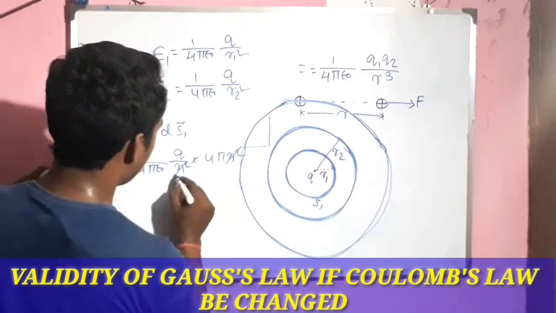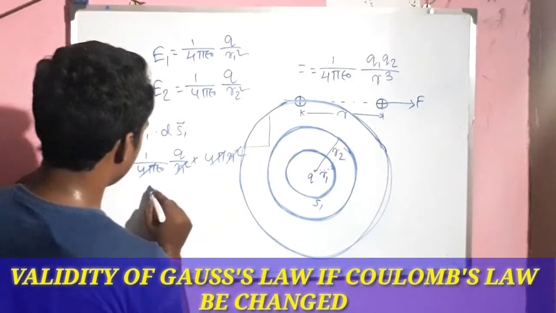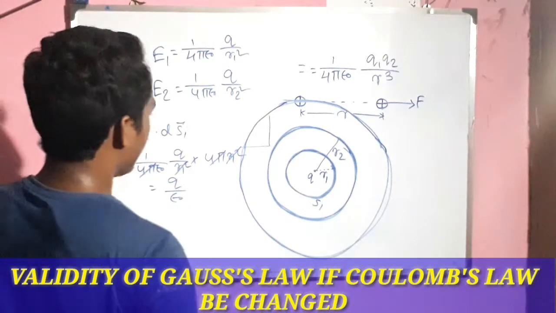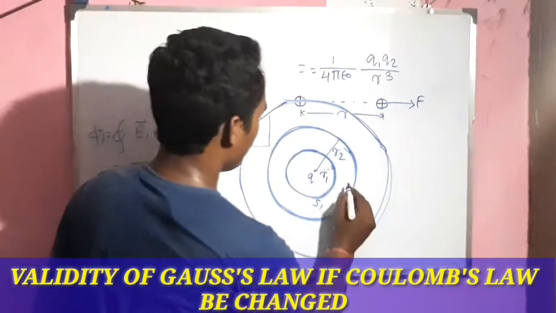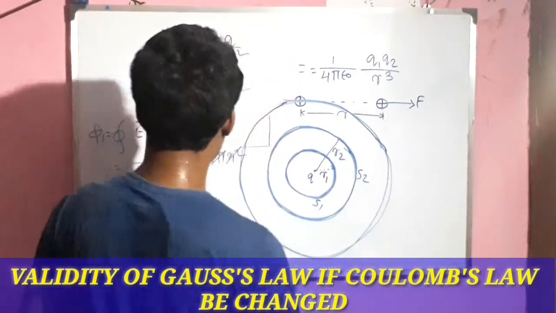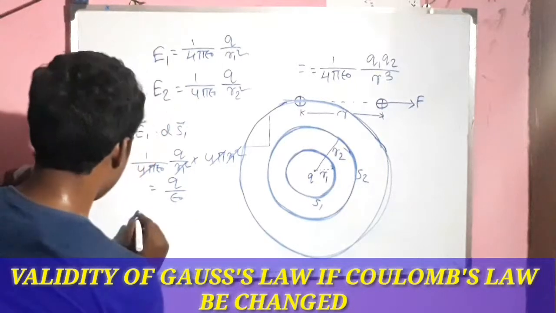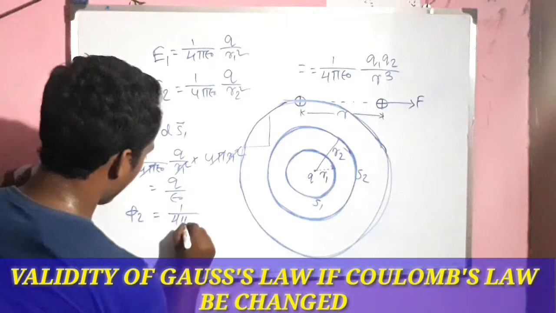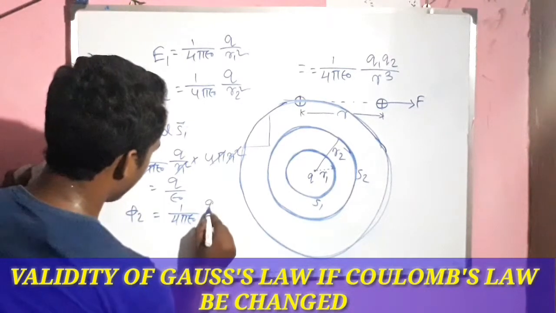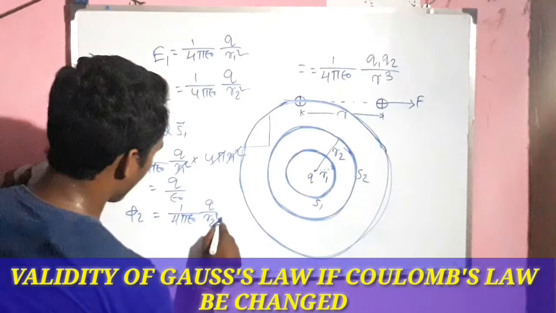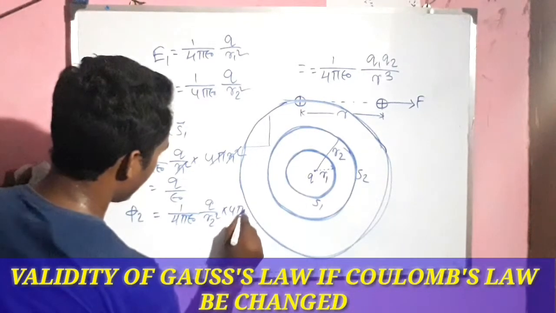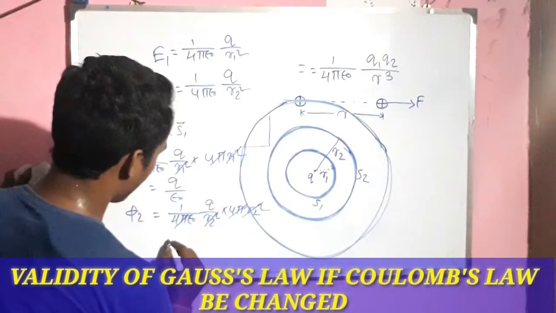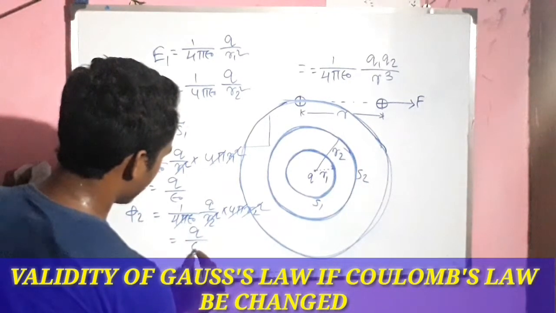So r1 square cancels, 4 pi cancels, and this gives q by epsilon naught. Now in the case of surface S2, phi 2 is equal to 1 by 4 pi epsilon naught q by r2 square into 4 pi r2 square. Again r2 square cancels, 4 pi cancels, and q by epsilon naught is the answer.